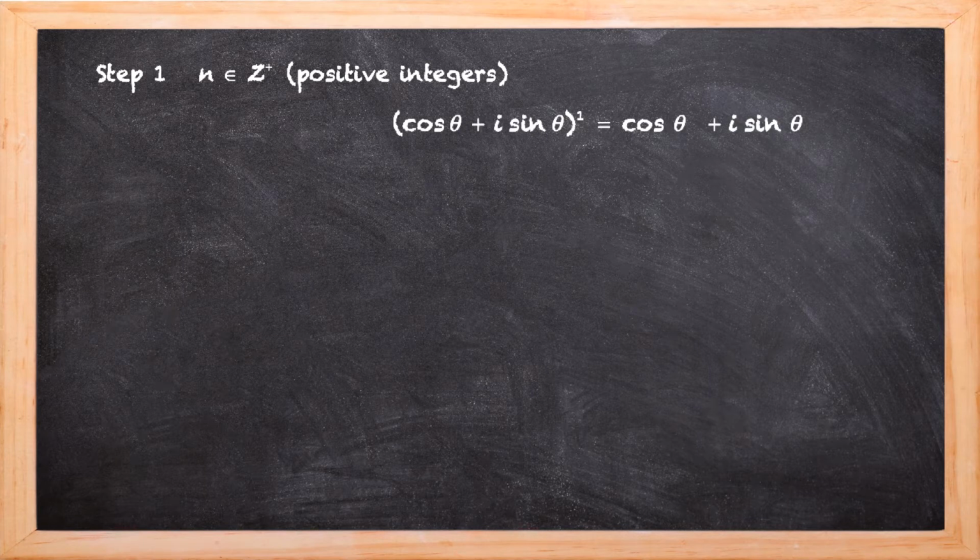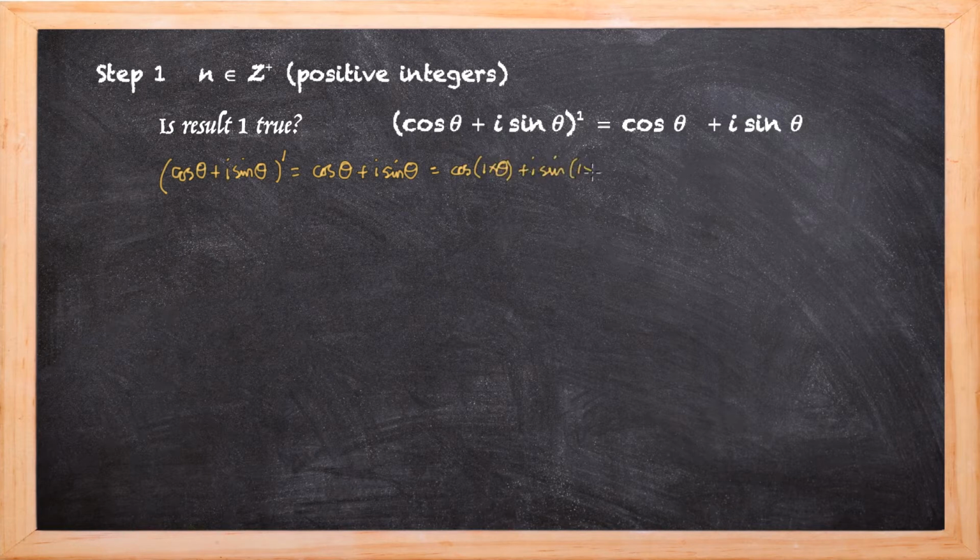Does cos theta plus i sin theta to the power 1 equal cos 1 theta plus i sin 1 theta? Well, I think it's self-evidently true. The definition of raising to the power 1 just gives you the same complex number, and of course theta is just 1 times theta, so certainly result 1 is true.